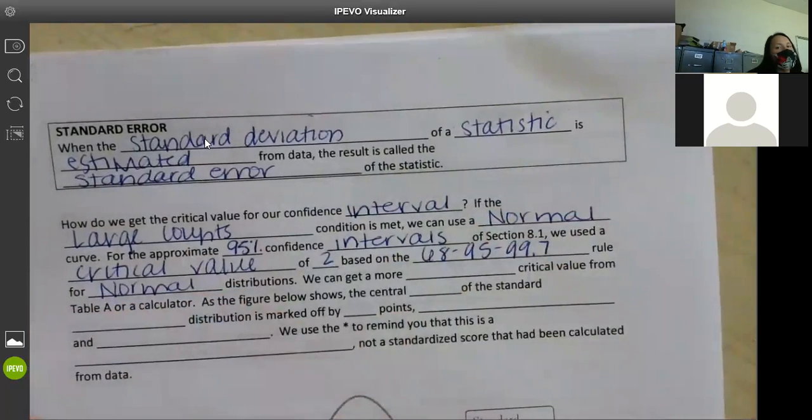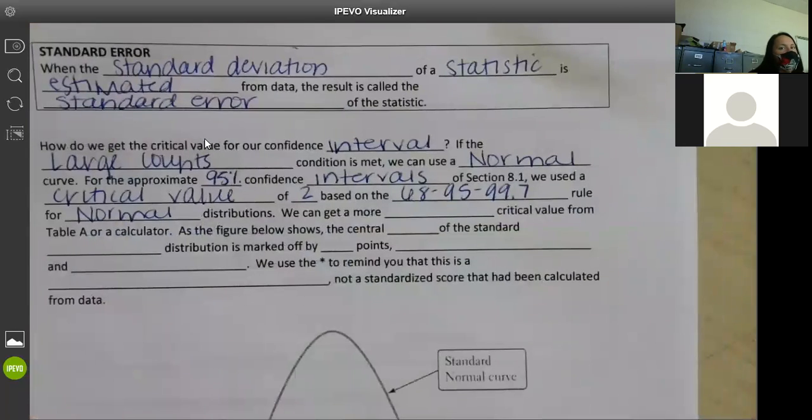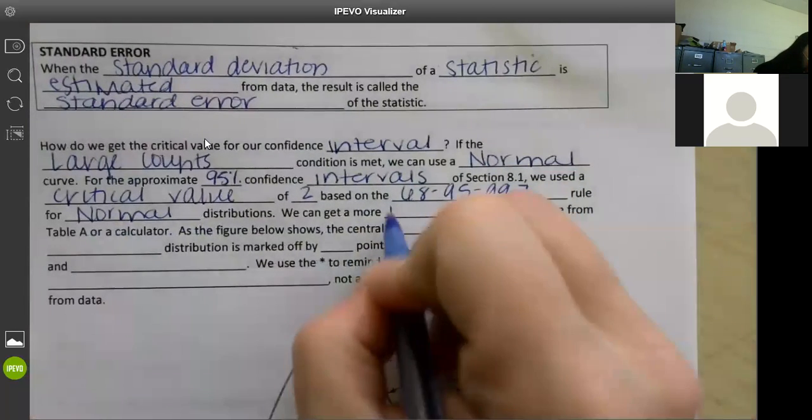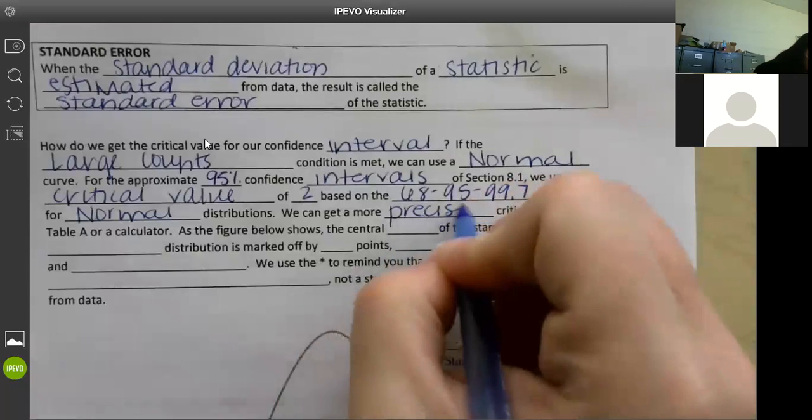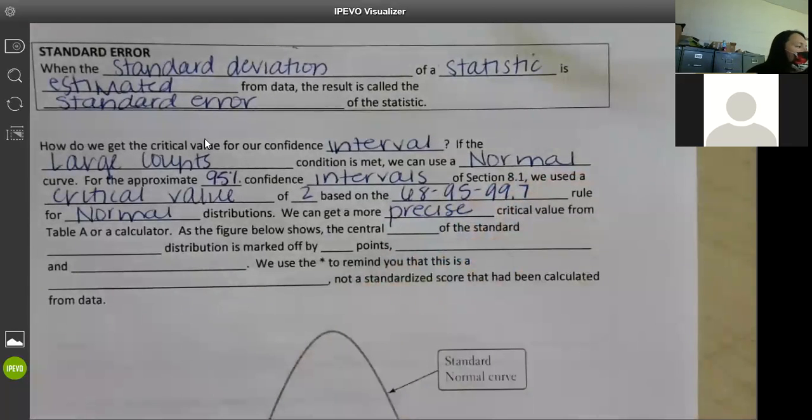Remember, 95% of the data is within 2 standard deviations of the mean. We can get a more precise critical value from table A or a calculator.